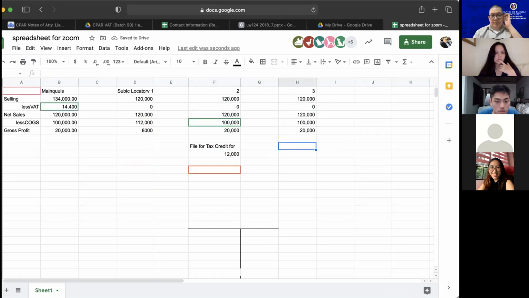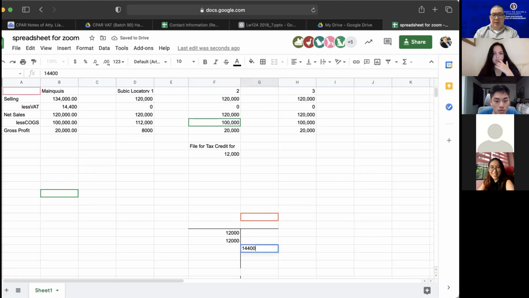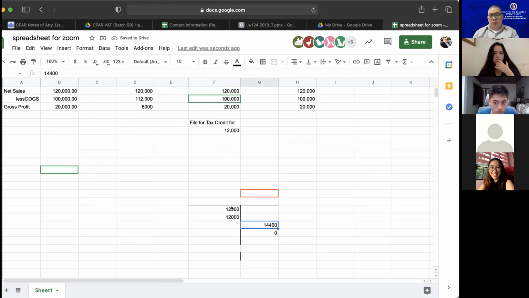Option 3 is as is, but how much is your input tax kanina? 12,000. Tapos sales mo kay Manikis is 14,400. Tama? Yes, sir. So ito isa ay 0. So theoretically, if you match 14,400 and 12,000, you have to pay 2,400. Tama?